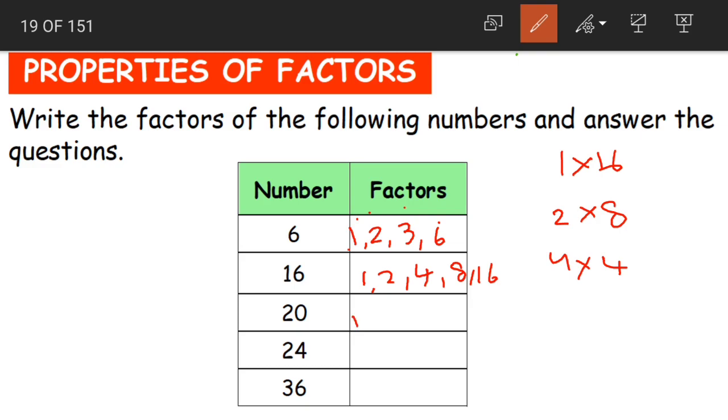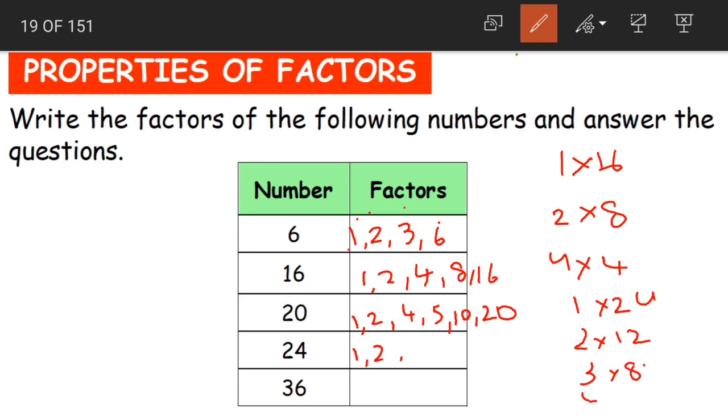Now when it comes to 20, we have 1, 2, 4, 5, 10 and 20 as the factors of 20. When it comes to 24, see, 1 24 is 24, 2 12s are 24, 3 8s are 24, 4 6s are 24. Yes, and then it does not come in the 5 table.